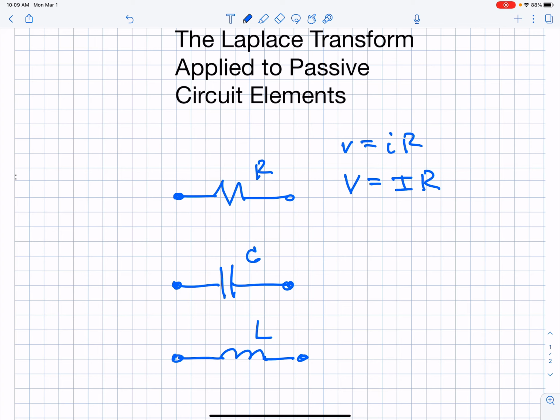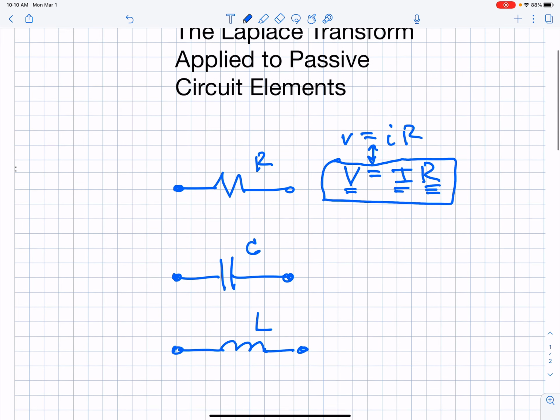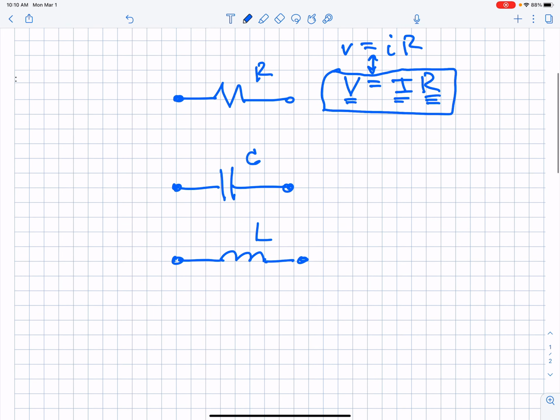Same thing for I. Lowercase i is time domain, uppercase I is Laplace domain. So I took the Laplace transform of all the signals here, and you notice this still looks like Ohm's law in the Laplace domain. Its voltage is equal to a current times an impedance, and this time the impedance is R.